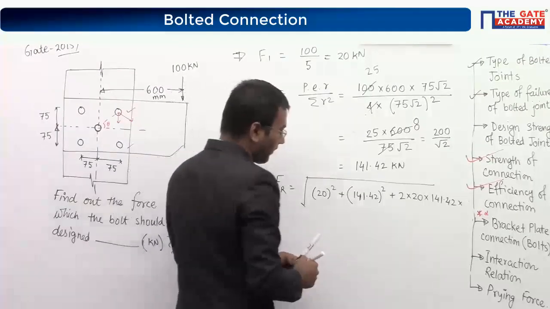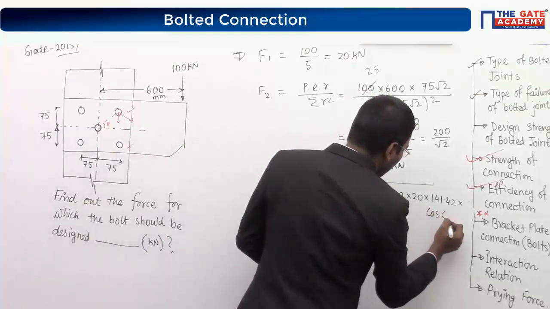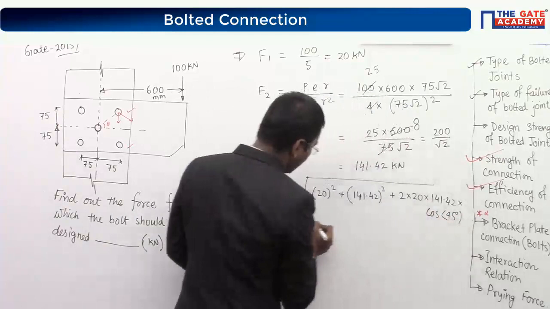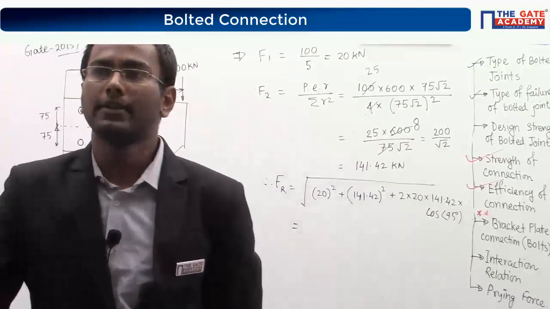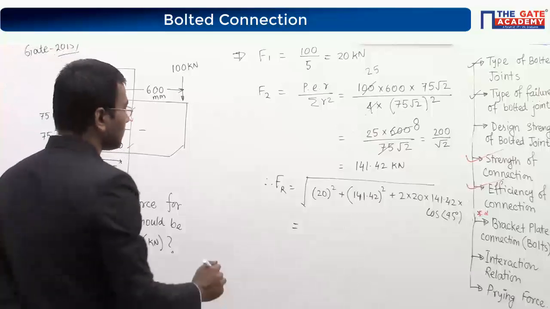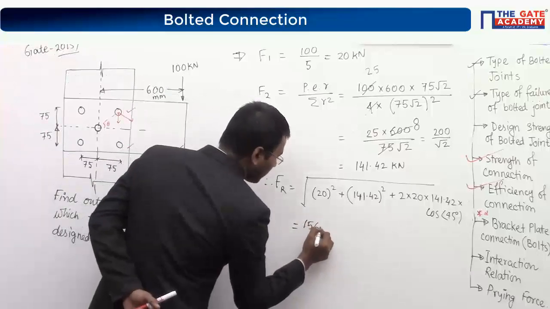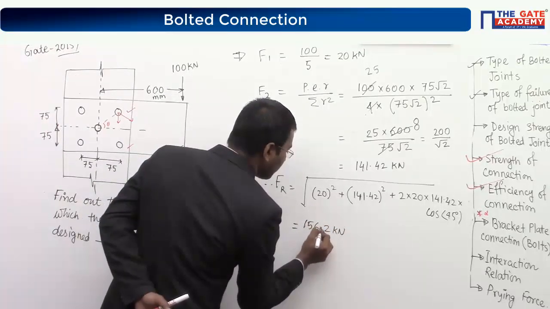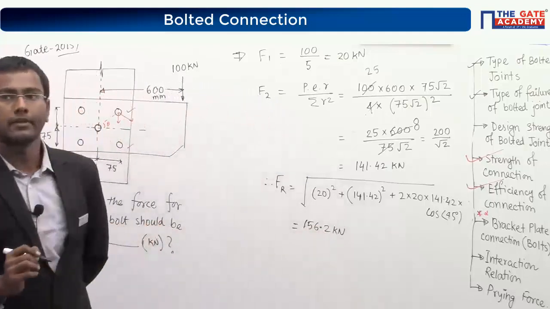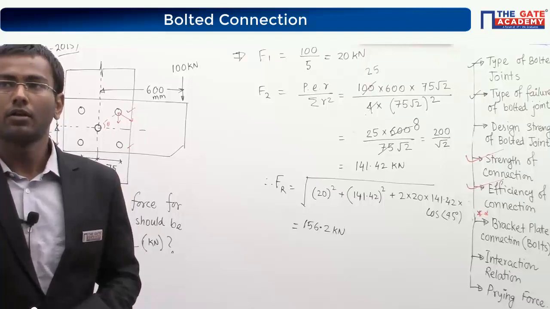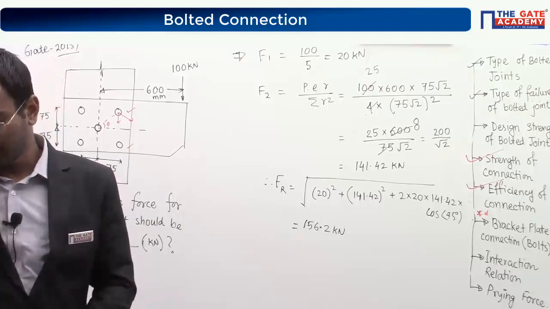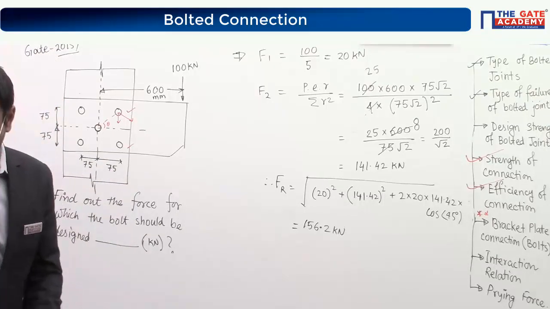So cos 45 degree. So answer will be your 156.2 kilonewton. Correct. Final answer 156.23 kilonewton.